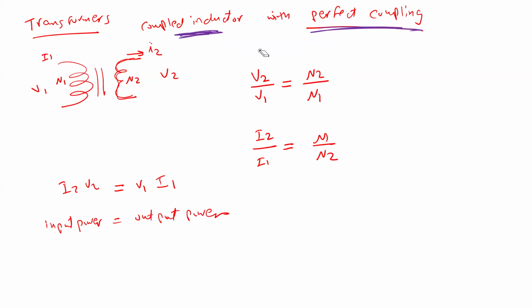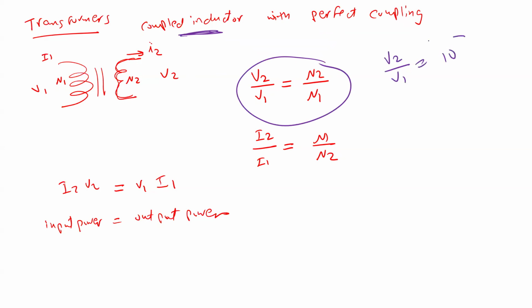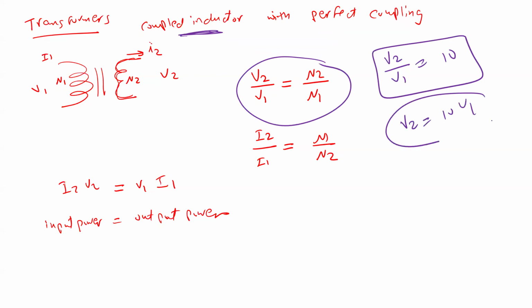And I told you, you can think now, for example, if V2 divided by V1 equals 10, what does it mean? It means V2 should equal 10 V1. This is a very popular way we use transformers: to step up voltage.